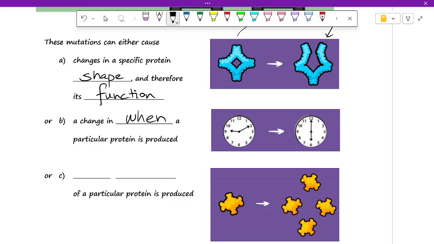They just use their phone. But look, it's right there. What time is it? 110. Probably 111, but close enough. Or how much of a particular protein is produced.